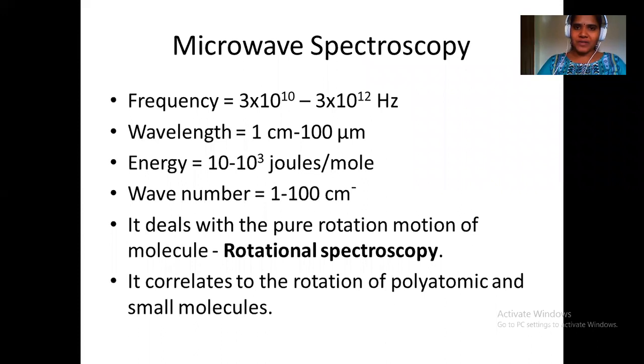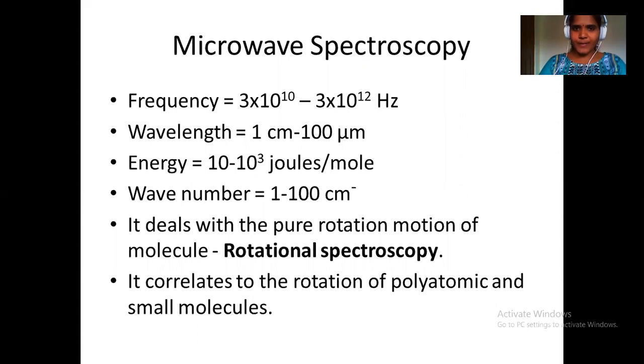These frequency, wavelength, energy and wave number values one must remember. We have seen in the previous video that the electromagnetic spectrum consists of various types of radiations, in which the radio frequency radiations are of least energy, and then the microwave.